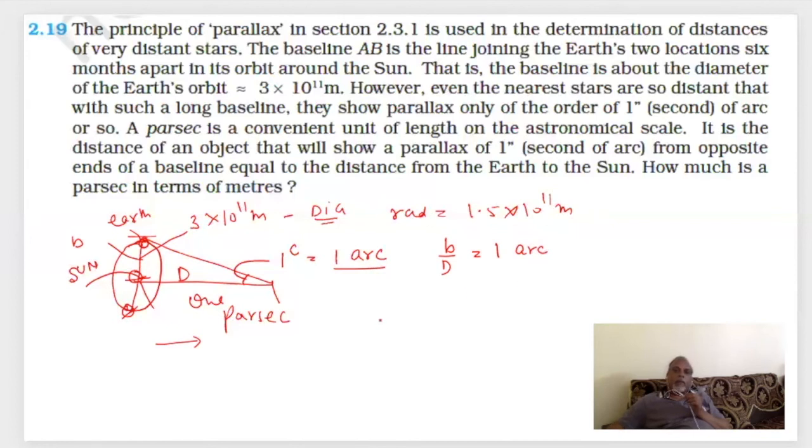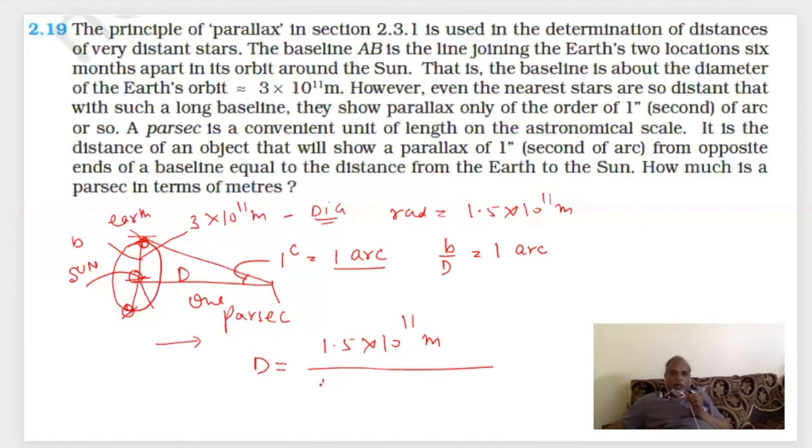B we know, D we have to find out, so D will be nothing but B, which is 1.5 into 10 raised to 11 meter, divided by one arc in radian.